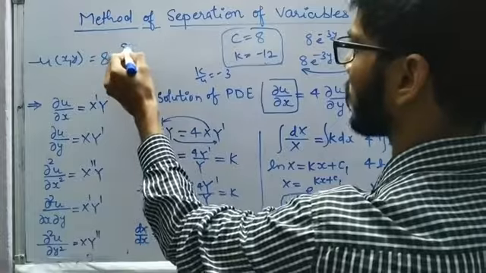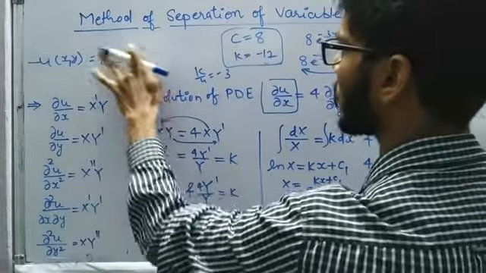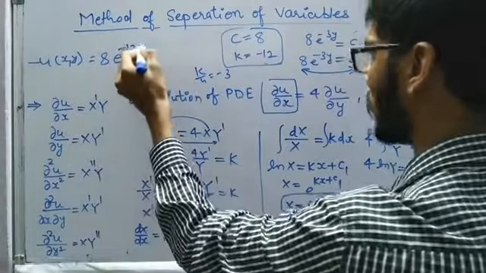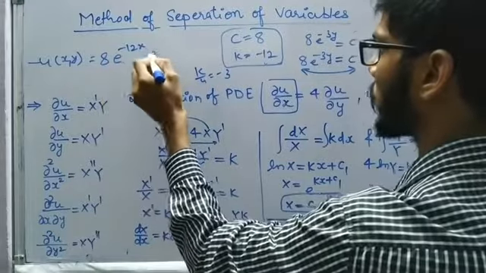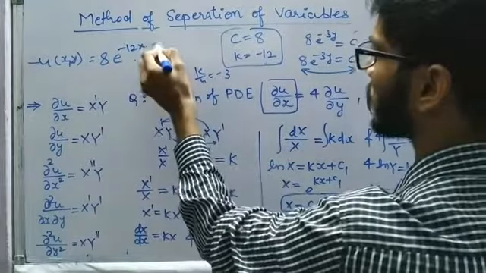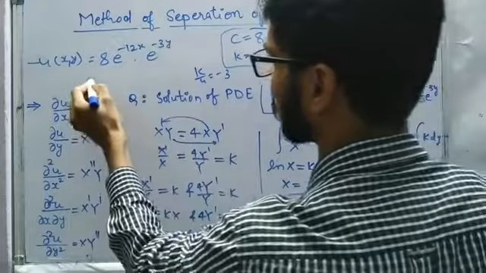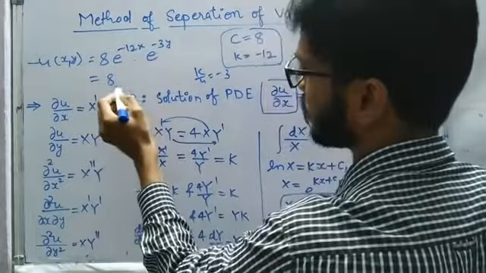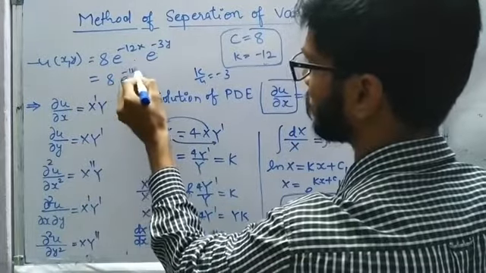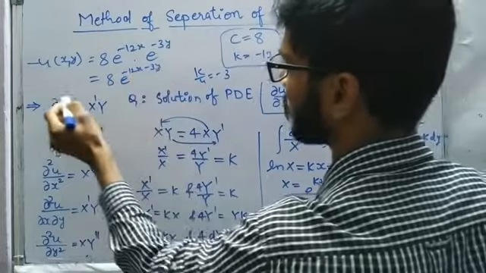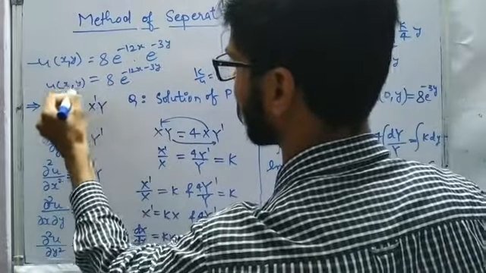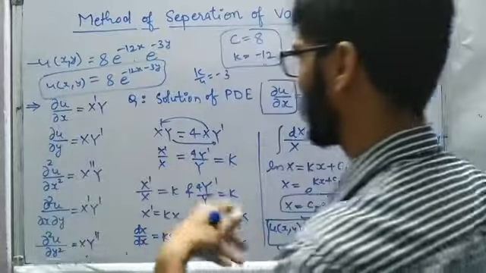Kx is nothing but minus 12x into e power k by 4 y. So 12 by 4 is nothing but minus 3y. So if we write the terms together, this will be e power minus 12x minus 3y. So this is going to be our solution of the partial differential equation.